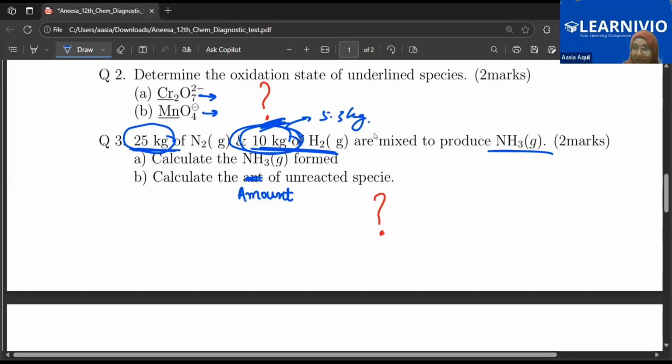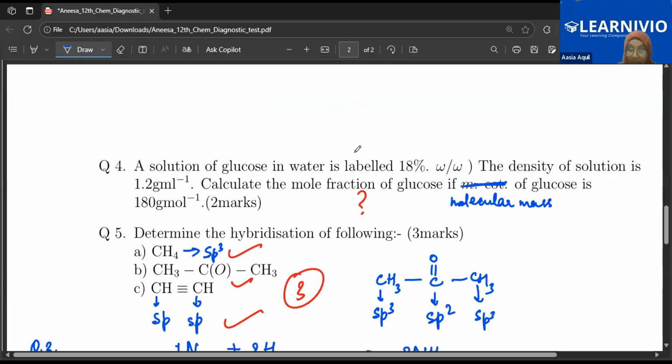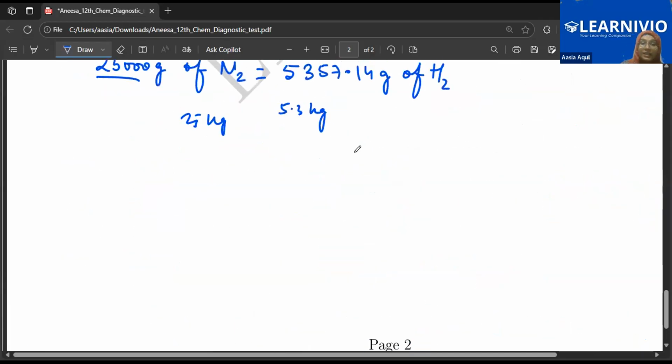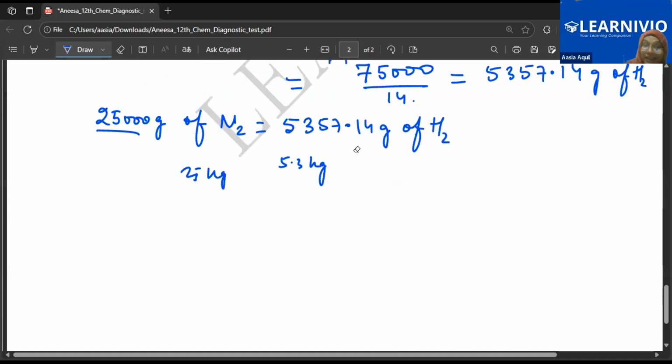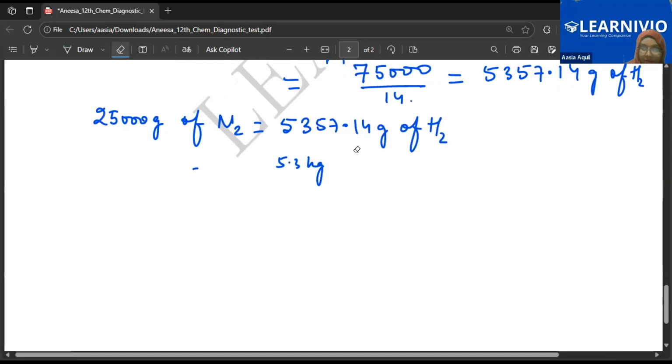Means we can say that hydrogen is in excess amount, because we don't need 10 kg of hydrogen; our work is done with 5.3 kg. For 25 kg nitrogen we need only 5.3 kg hydrogen to form ammonia. So in the question 10 kg is given, so we can say that hydrogen is the excess reagent. Hydrogen is the excess reagent.